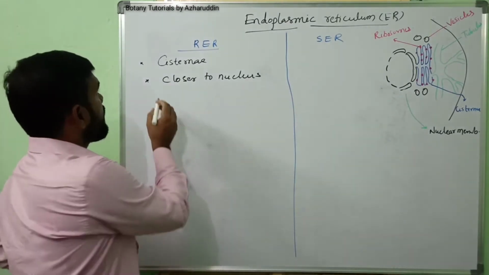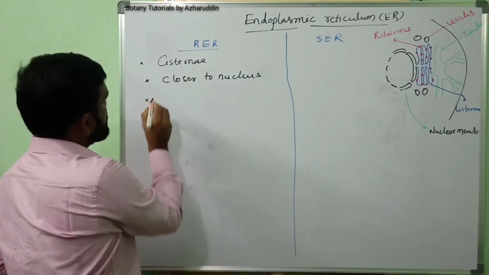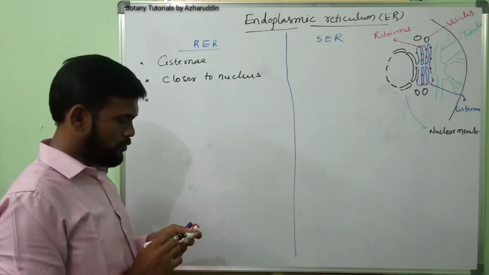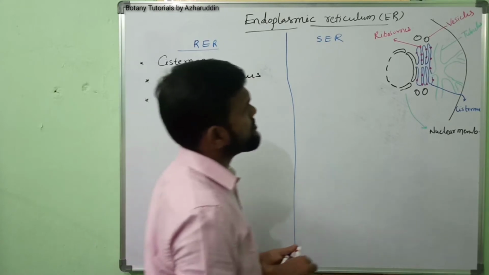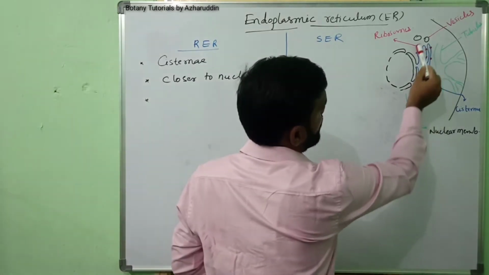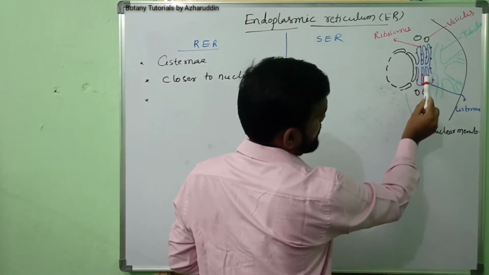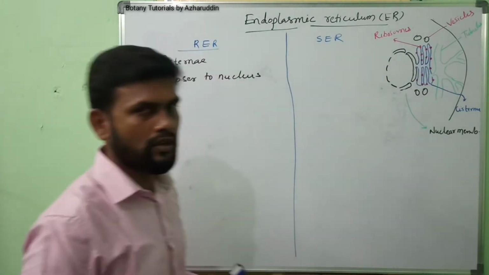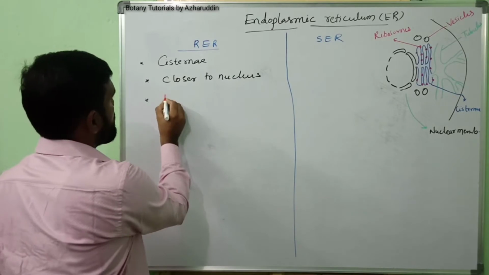Next, rough endoplasmic reticulum contains ribosomes. Ribosomes are present on its surface. This all is cisternae, and on the surface of cisternae, these red dots are known as ribosomes.